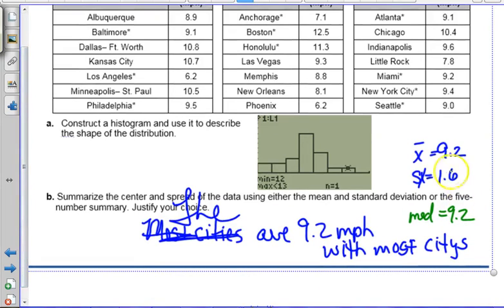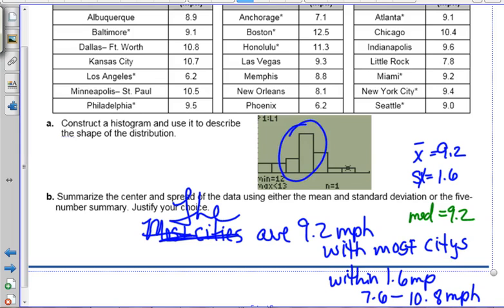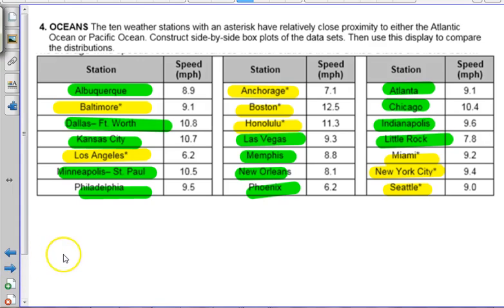The standard deviation is 1.6 miles per hour. So 1.6 lower than 9.2, what would that be, guys? 7.6 maybe? And what's 9.2 plus 1.6? 10.8? So most cities were in that range, which would be pretty much this middle block, okay? So that's the summary that they would be looking for. I'm not going to ask you that.